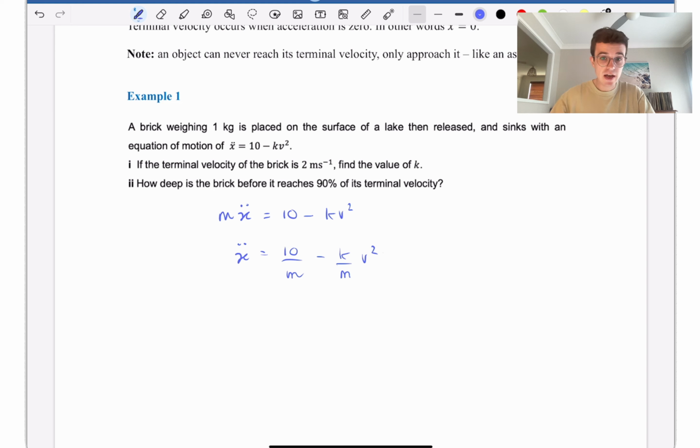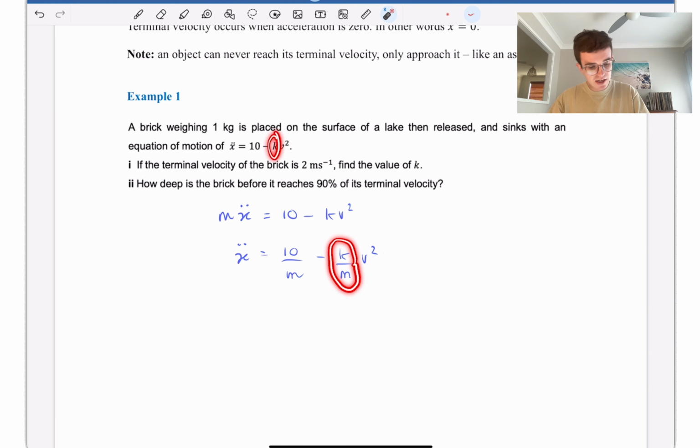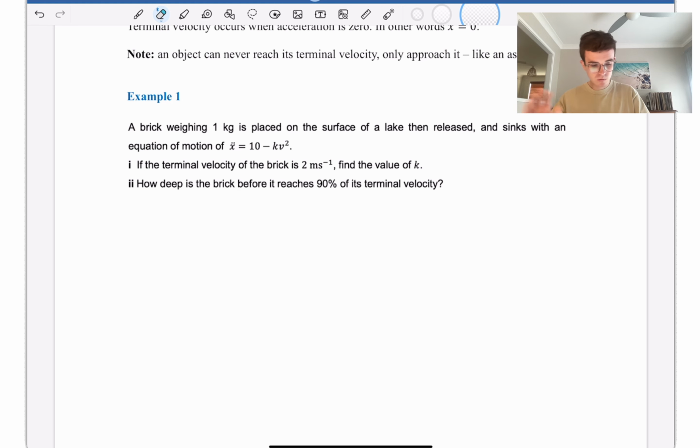Now in this instance it's not actually going to matter because the mass is 1, but if the mass was anything but 1, maybe it was 2, I'm going to get a 2 down here and a 2 down here, which no longer is the given equation. So importantly, the k that's given in this question has already factored in a division by m, and if we do it again, our k is going to be wrong. In fact, this constant here is not going to be the same as this k here. Okay, so we're not going to prove it.